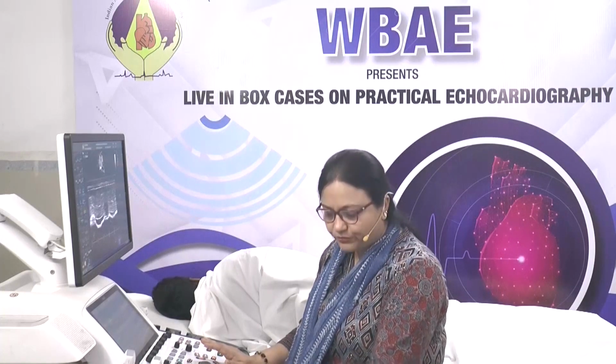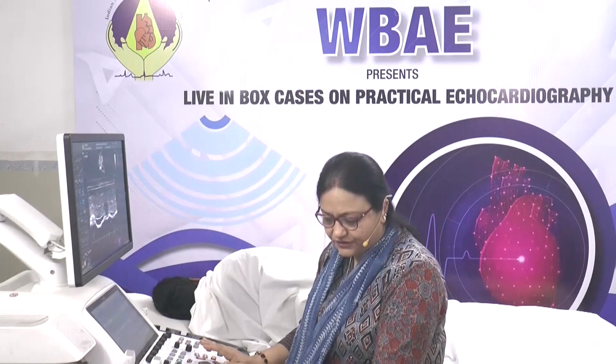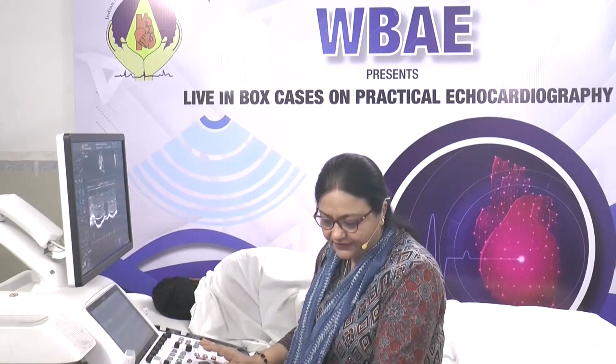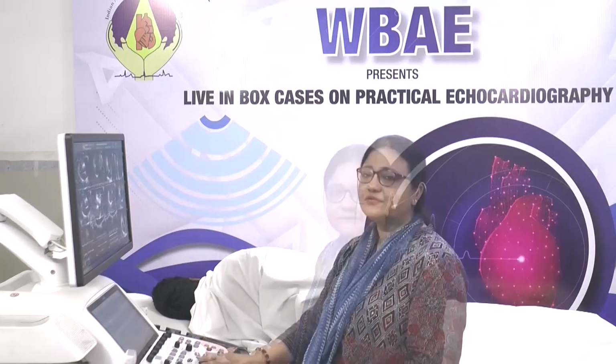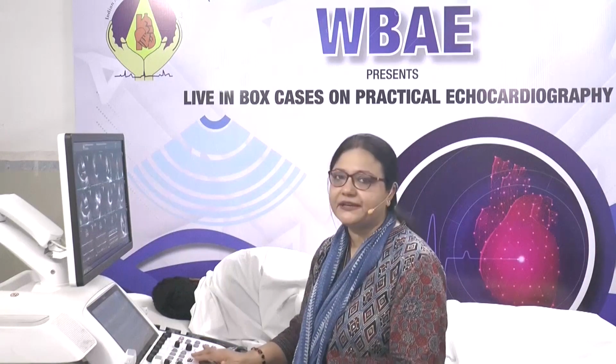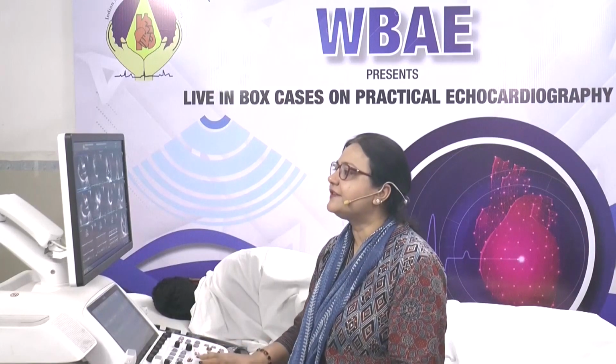So at this moment we can say that the patient's systemic venous congestion is reduced, but he definitely has features of pulmonary venous congestion. So I'm going to quickly show you another case of dilated cardiomyopathy of different etiology.